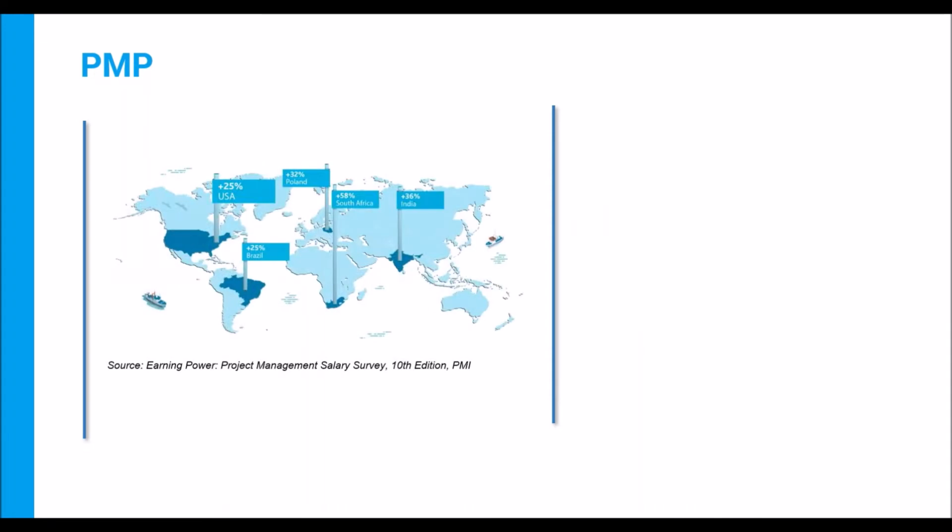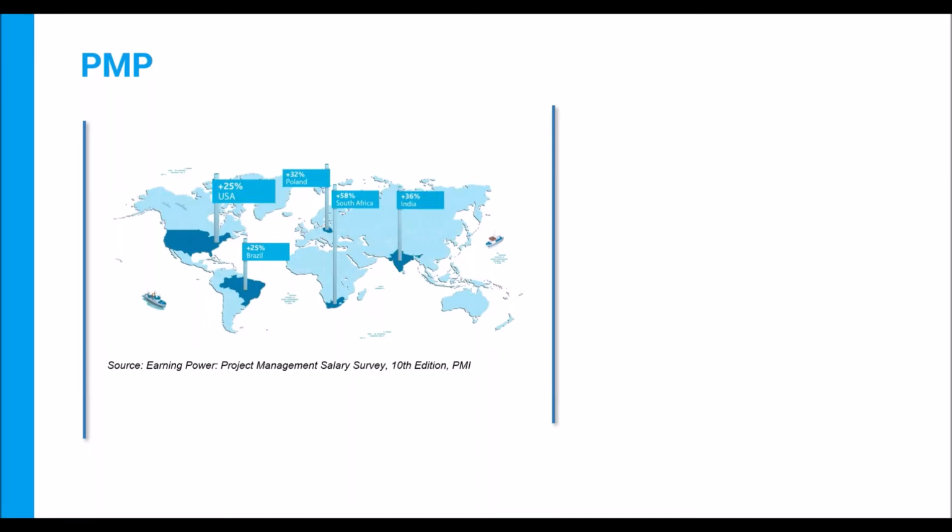So there was a salary survey that was conducted by PMI. PMI is the non-profit institute that provides the credentials for PMP certification. That salary survey revealed that there is a salary difference between certified project managers and non-certified. And primarily in North America, we have a 25% difference in the salary.